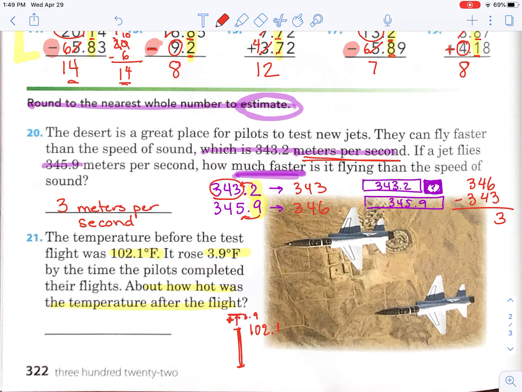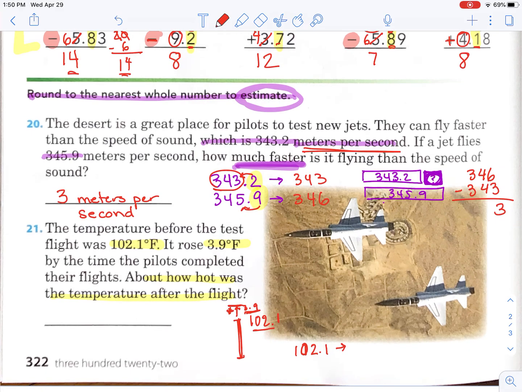So what would our math equation be? How do we figure that out? So it's 102.1 plus this little bit extra, 3.9. But are we adding it up exactly? No, we are doing the estimate. So 102.1 becomes what?